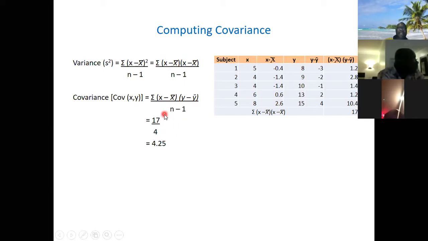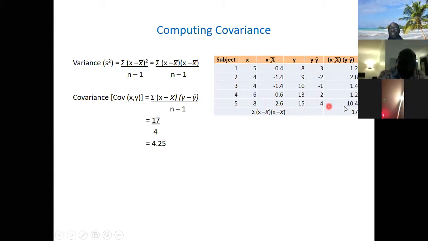That's why covariance is x minus x bar into y minus y bar. This is the covariance. If you are to calculate the covariance, all you need to do is to sum x minus x bar, then y minus y bar, multiply the two, and divide by 4.